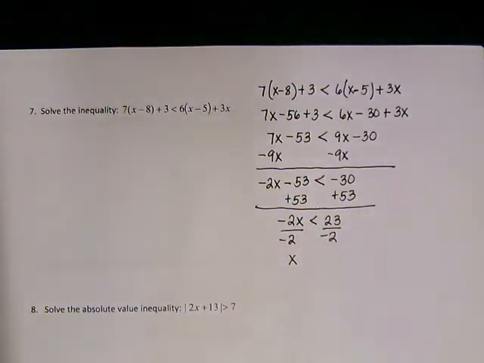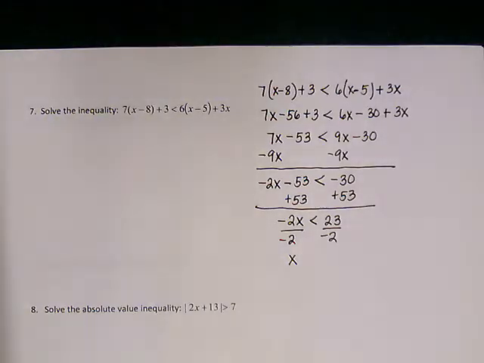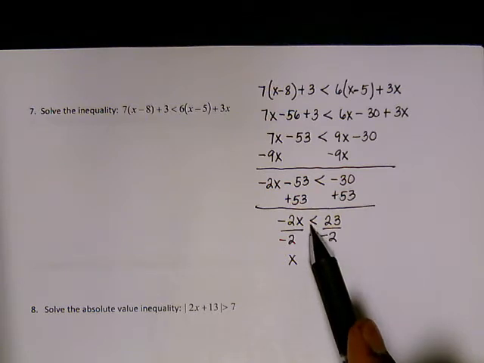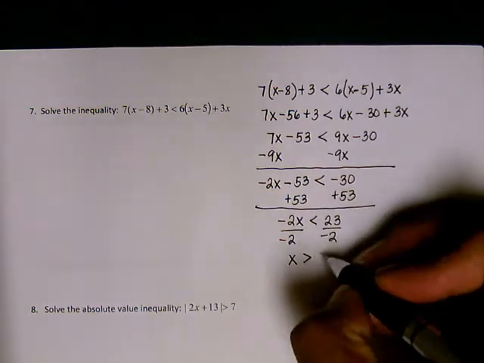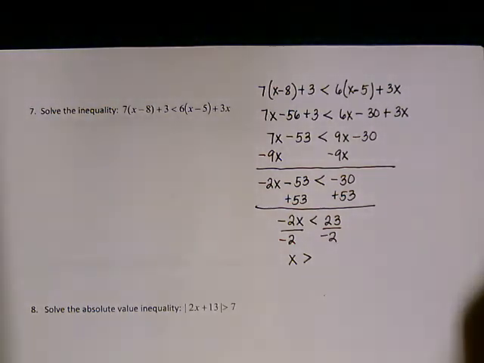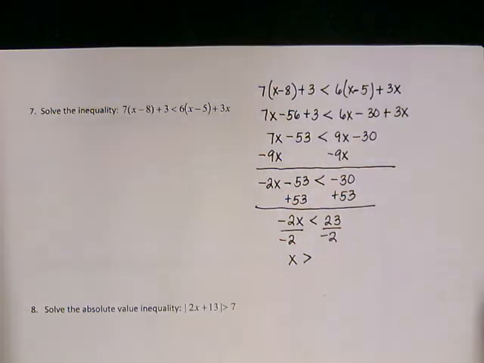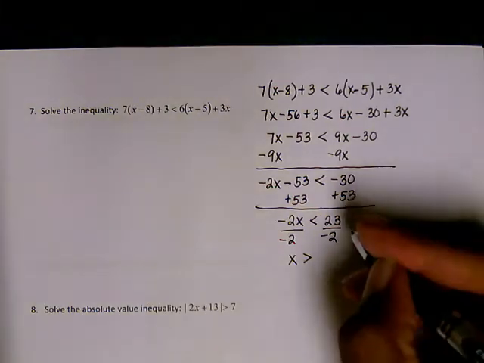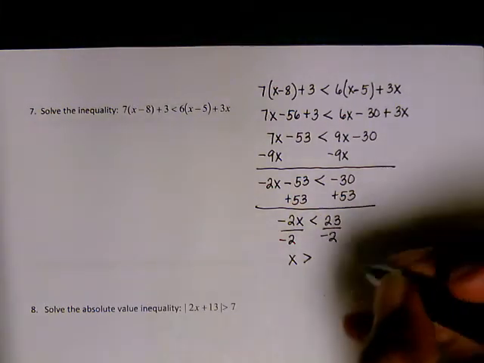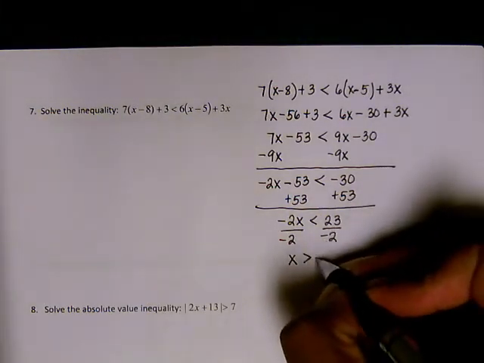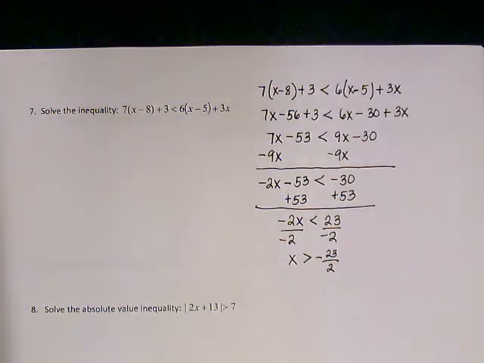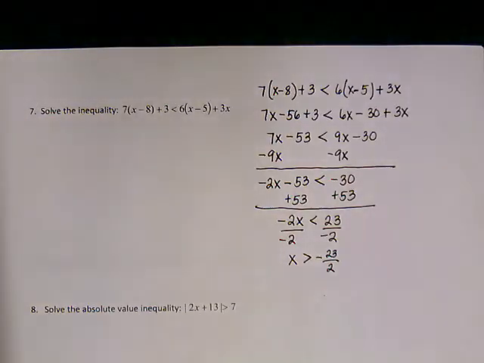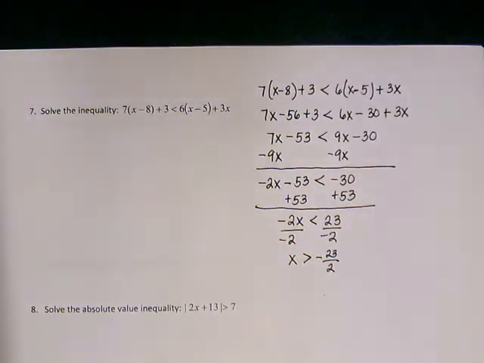But when I divide by a negative in an inequality, or multiply both sides of an inequality by a negative number, this inequality symbol changes from less than, in this case, to greater than. So when you're multiplying or dividing both sides of an inequality by a negative number, your inequality symbol reverses to the opposite direction. And I'm going to leave that as negative 23 over 2. So the solution set will be x is greater than negative 23 over 2.